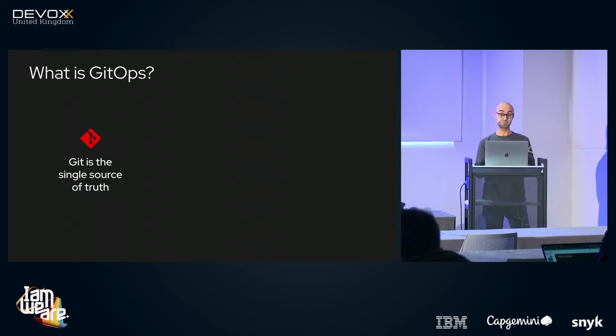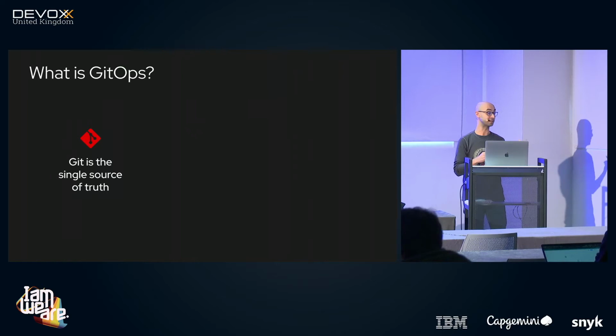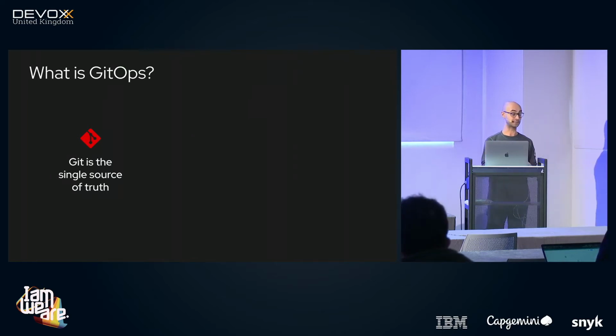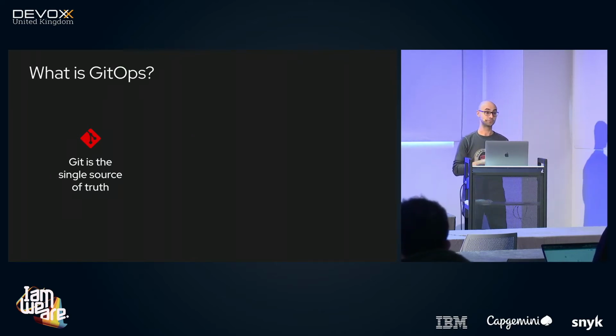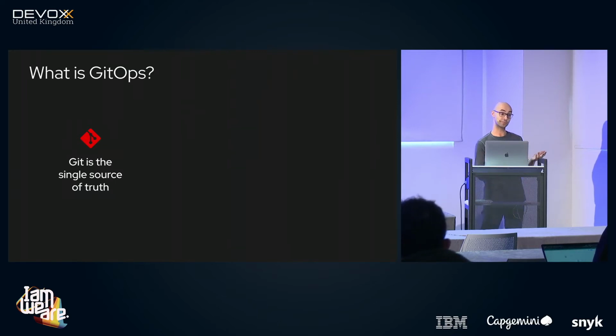It means that it's not there. It's not in production. And all the operations go through Git. So when I want to deploy my application, I need to deploy it through Git. If I want to create a secret, I need to put it in Git. If I want to manage my infrastructure, I manage it through Git.